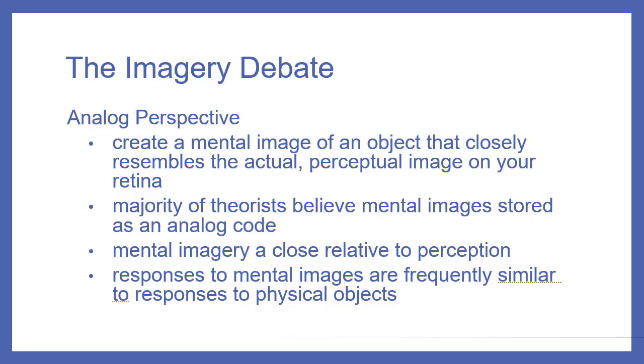That was common among many theorists, and in that way, mental imagery was very related to perception. The way that we perceive something is the way that the image is stored, how we make sense of it. And we have responses to mental images that can mimic the response to the actual physical object as well.